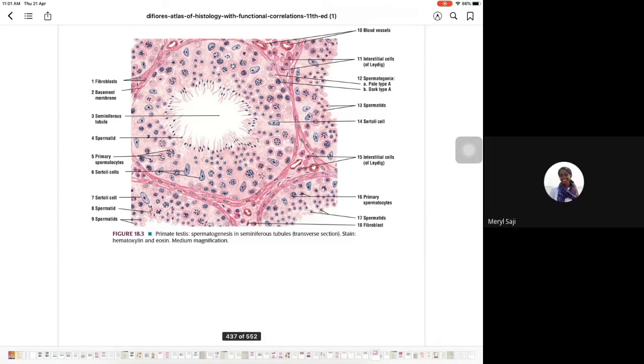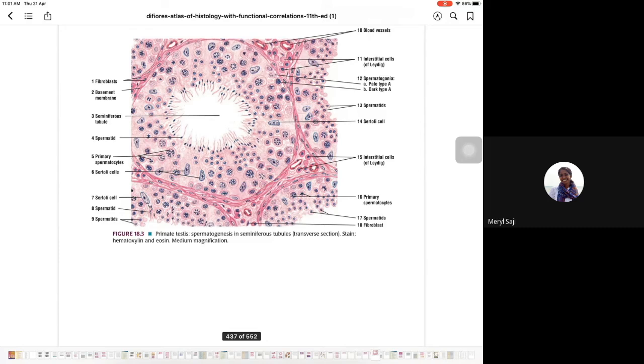Figure 18.3, primate testis, spermatogenesis in seminiferous tubules, transverse section, stain H&E, medium magnification. Fibroblast, basement membrane, seminiferous tubule, spermatid, primary spermatocytes, Sertoli cells, again Sertoli cell, spermatid, and spermatids.